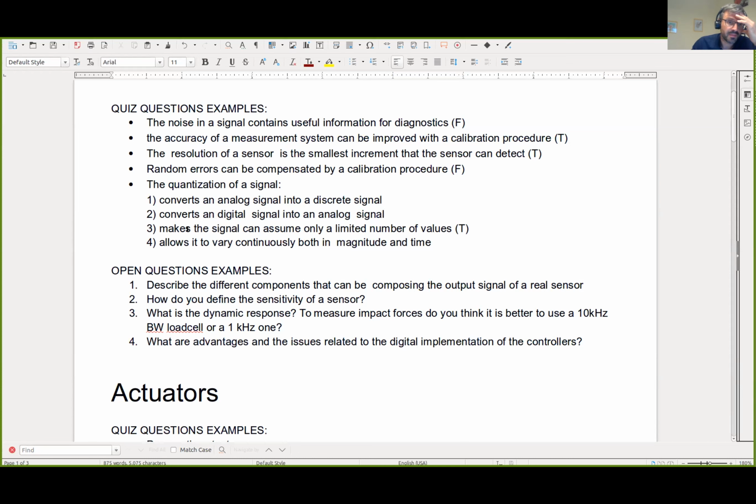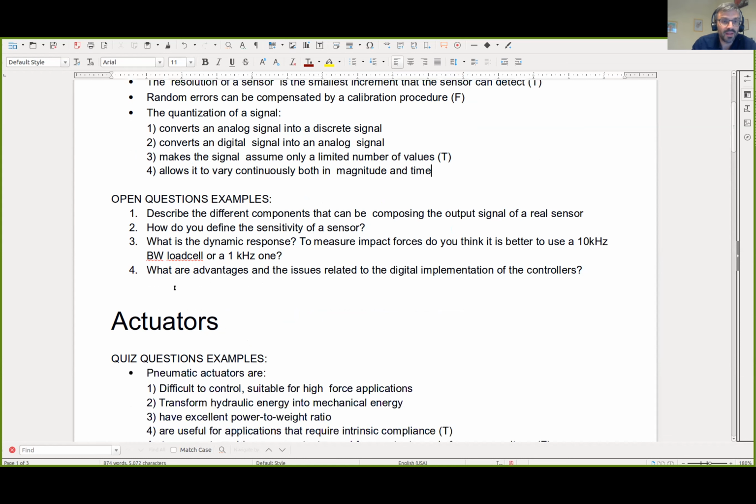Makes a signal assume only a limited number of values. This is what quantization actually does. So it turns a signal continuous both in time and magnitude into a signal that is continuous in time but discrete in magnitude. Allows it to vary continuously both in magnitude and time. This is false.